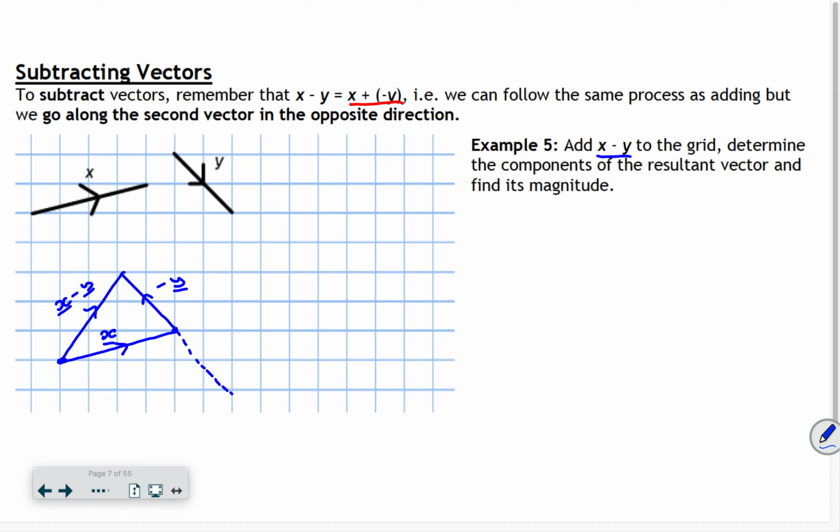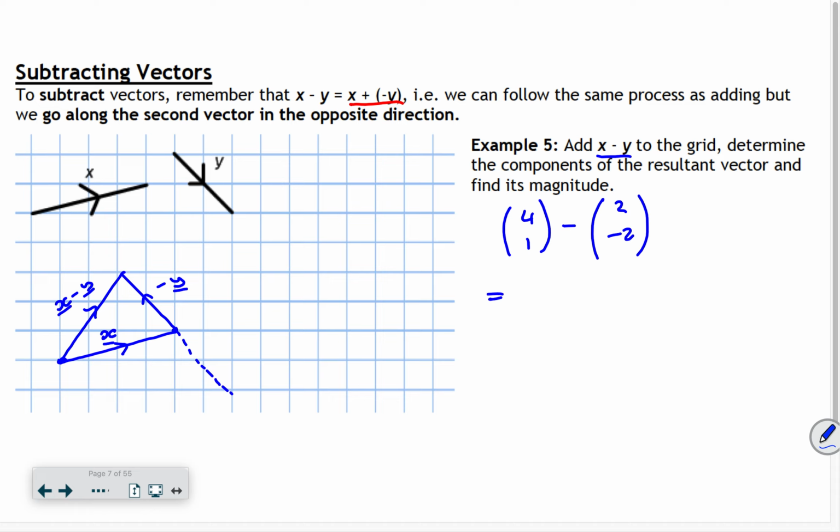Let's look at the components then. So if I was to do the components, vector x is the vector 4, 1. Vector y is the vector 2, minus 2. But this time I'm subtracting my vectors. So when I add or subtract vectors, I add or subtract the x's, I add or subtract the y's.